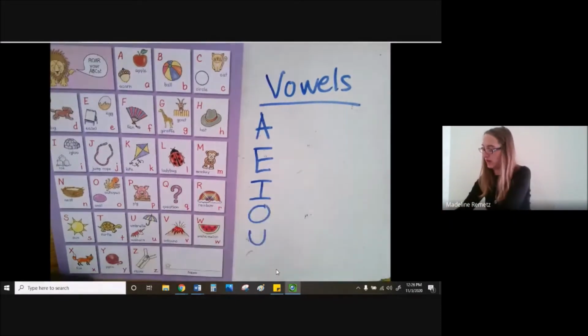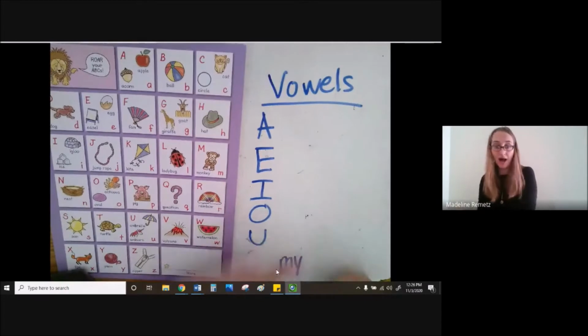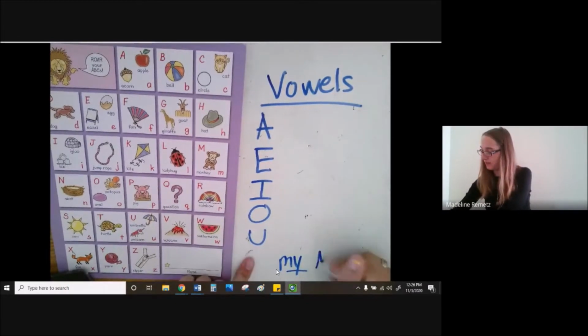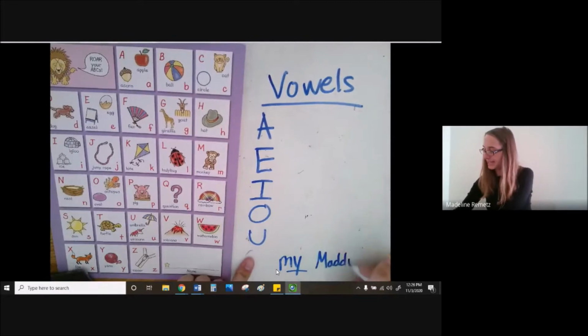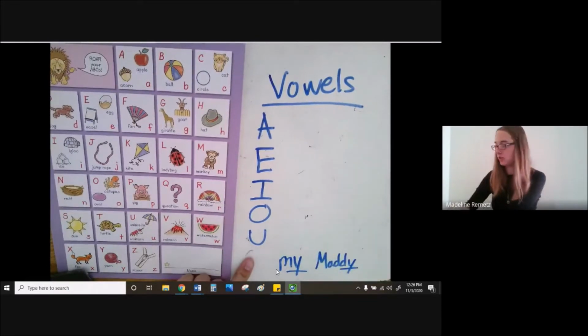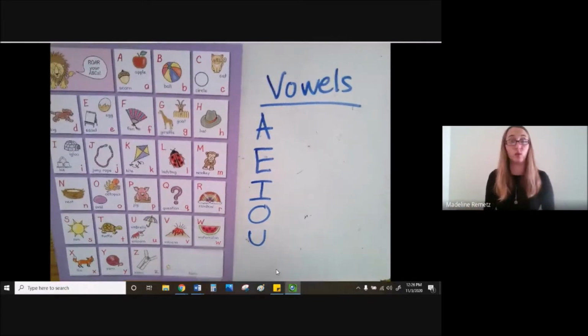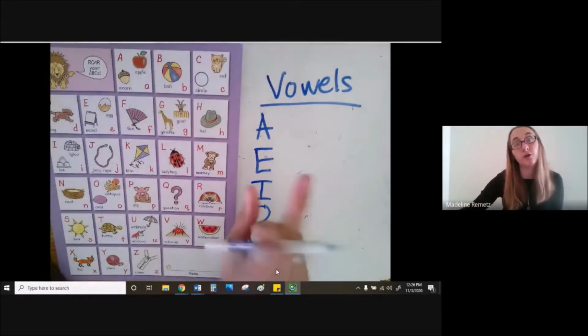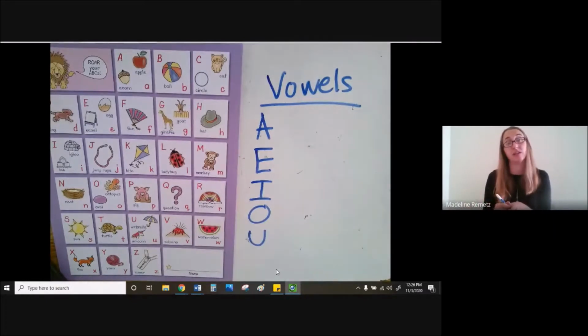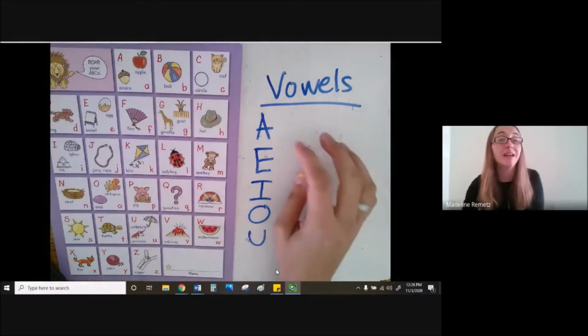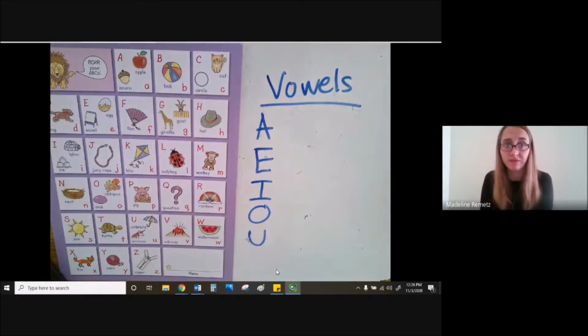Like here it is with the I sound. You have my, right? So it's making the I sound. But here you have Maddie, and it makes the E sound. So sometimes when you're reading a word and it has the letter Y, maybe use Flippy Dolphin and try to see what sound it's making. But these are the main 5 vowels. They will always be a vowel.